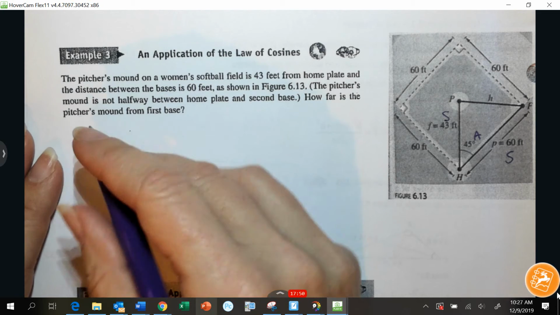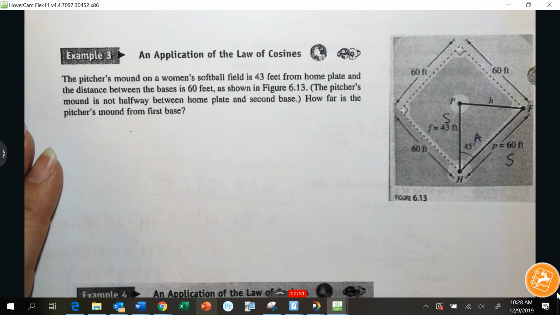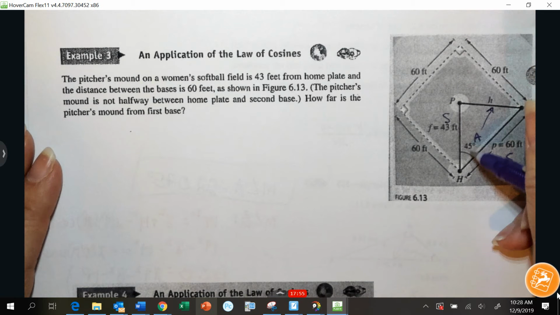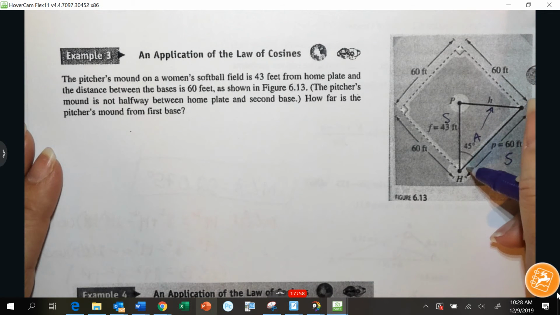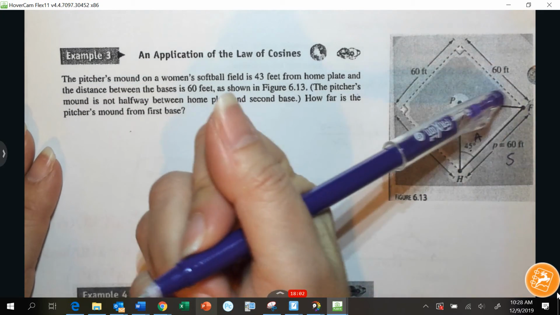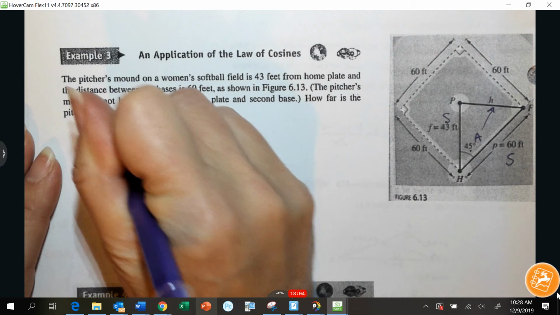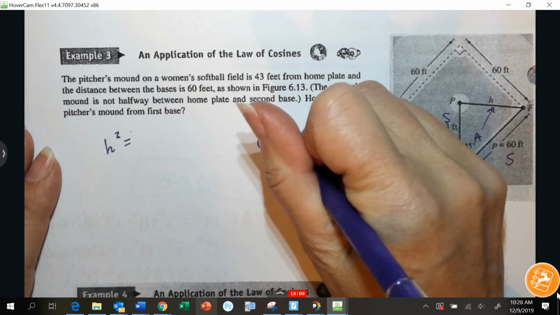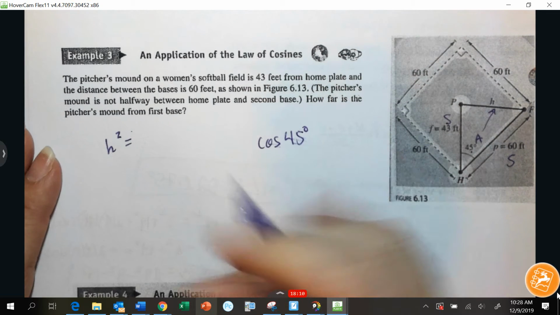Actually, it's on Canvas. All right, so we're going to do side angle side, and we're going to solve for the opposite side. Since H is 45 degrees, little h is what we need. We're going to put little h all the way opposite of that cosine, 45 degrees, big H, in the formula.